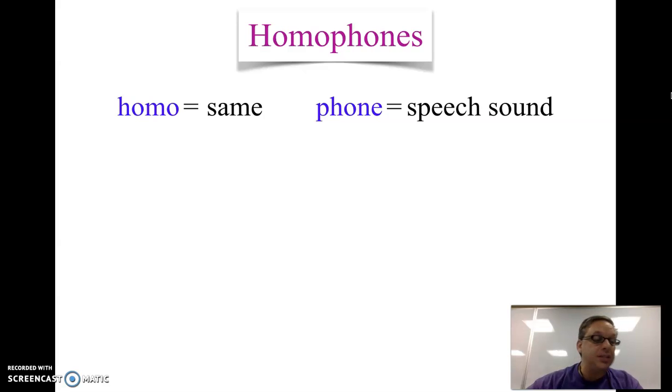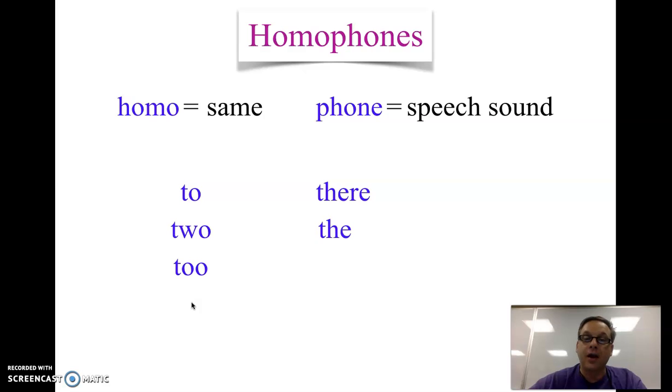It refers to speech sounds, the sounds that we make when we speak. Think of phonics or phonology, if you've ever heard that word. All about the sound of our speech. Now, you know some of these. This group of words: to, and to, the preposition, the number, and the word that means also.